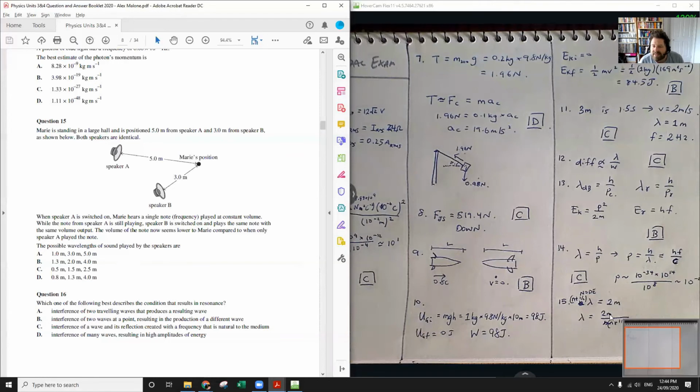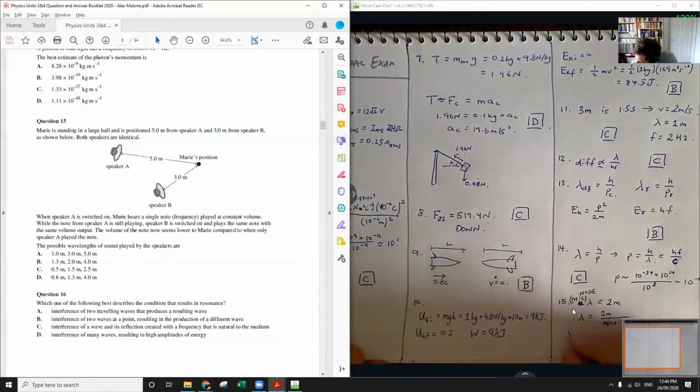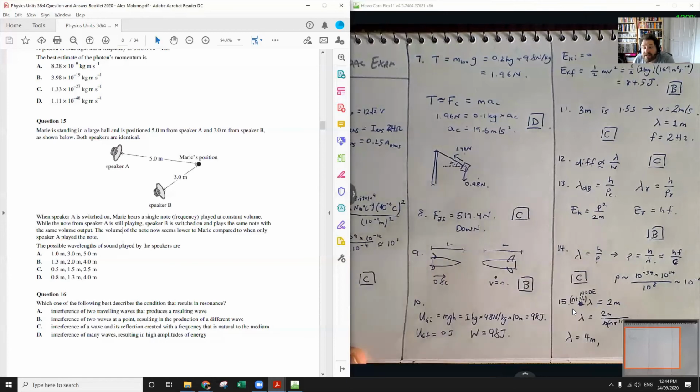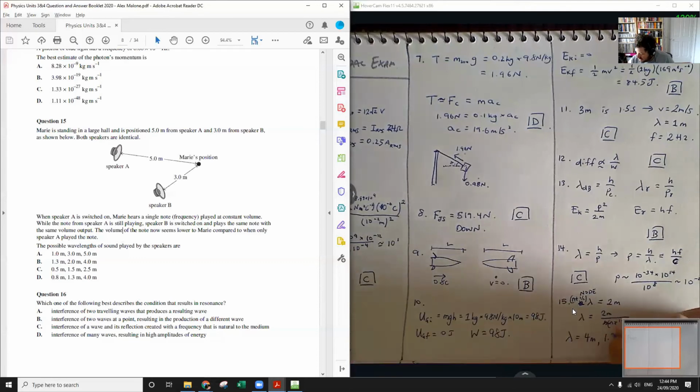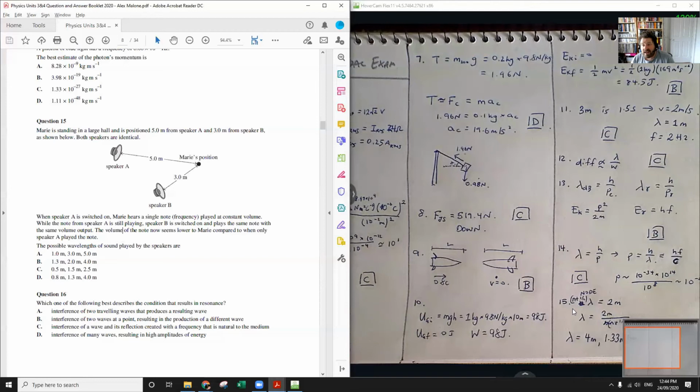So the possible wavelengths here are going to be, lambda could be, well, 2 meters divided by a half, so 4 meters. 2 meters divided by 1.5, so I don't know what that is. 4/3, 1.33. 2 meters divided by 2.5, so that's 0.8 meters. 2 meters divided by 3.5, probably not going to require that.